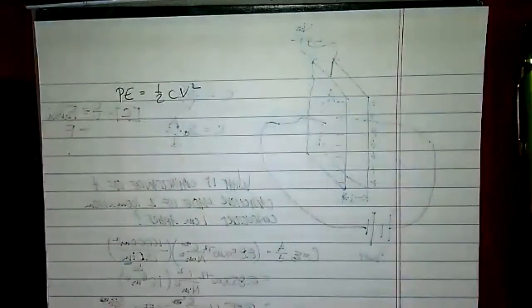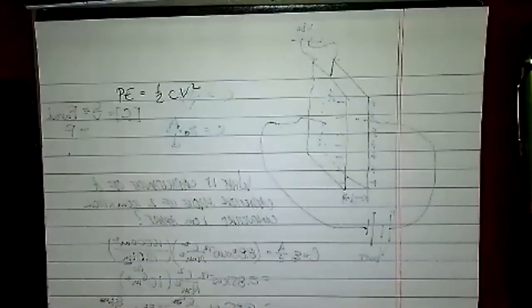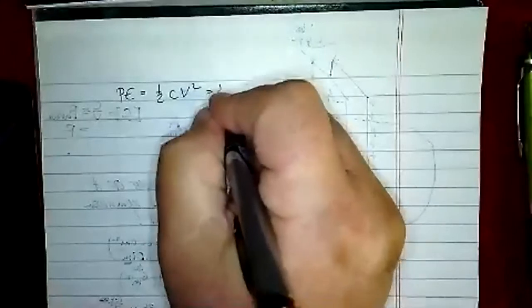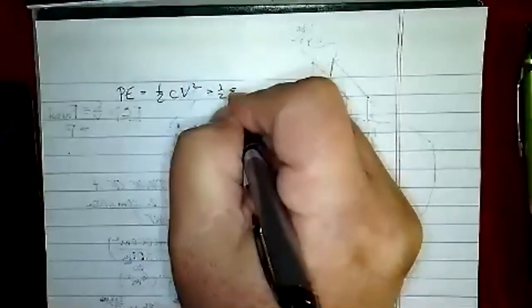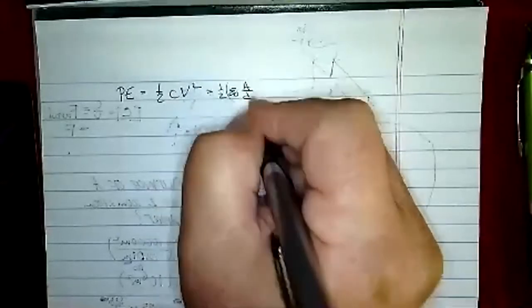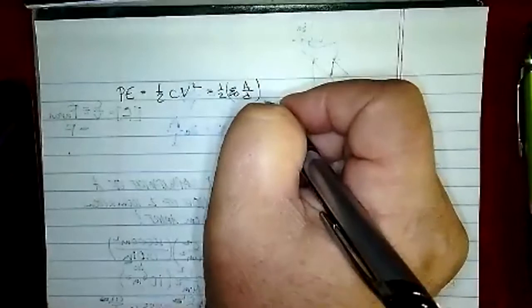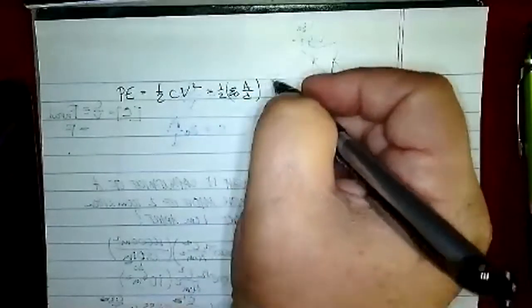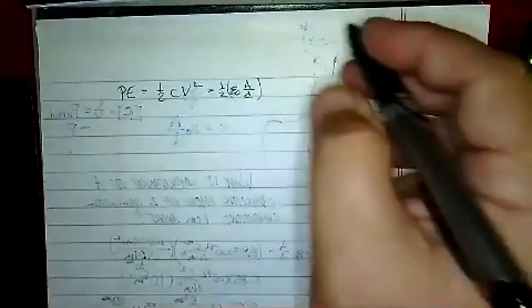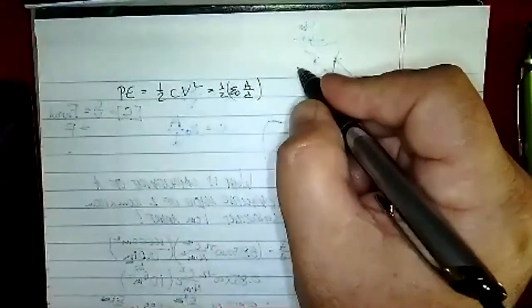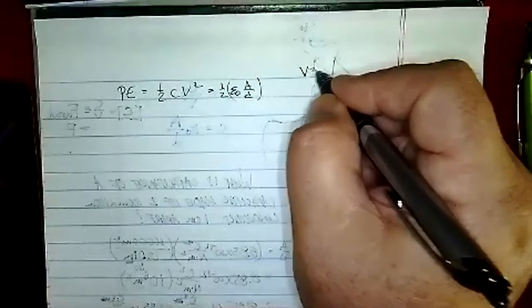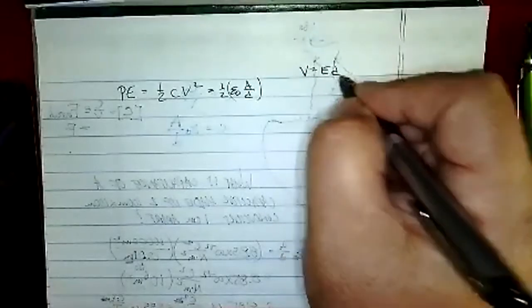That was the formula we just used, right? Well, we know that the capacitance is equal to epsilon 0 A over D. Again, we're assuming a vacuum here, so there isn't a dielectric in it. And we also know that for a constant electric field, the voltage is equal to the electric field times the distance.